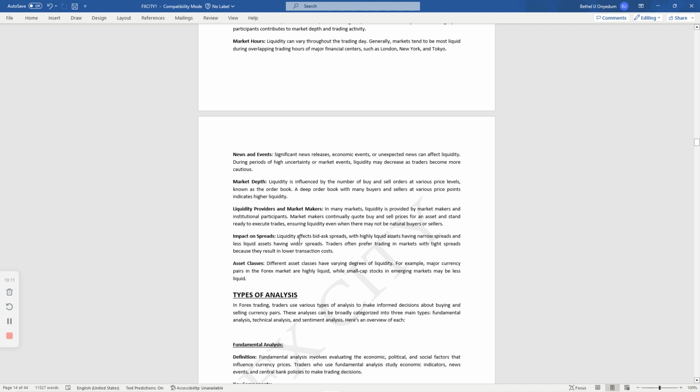Then you have depth of market, liquidity providers and market makers, and their impacts on spread. Like I said, if a market is not liquid enough, the spreads are bound to widen. You also see liquidity leaving the market during the closing hours of the day. If you check your charts from 10 p.m. to 11 p.m., check your MT4 and check your spread.